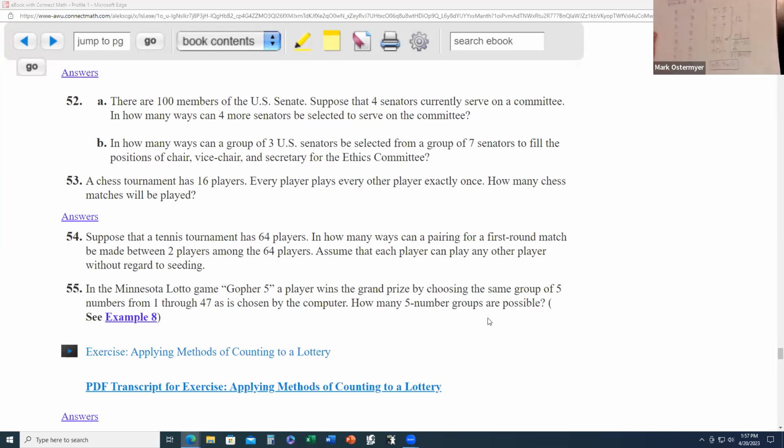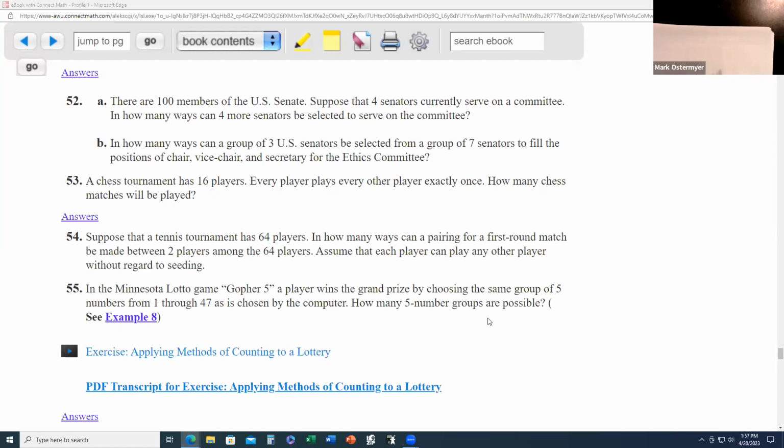You think order matters? In how we select these 4 remaining senators to serve on this committee of size 8, think order matters? The answer is absolutely not. Doesn't matter. We just got to select 4 more senators to be on this committee.